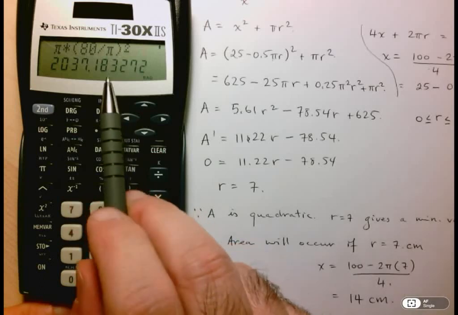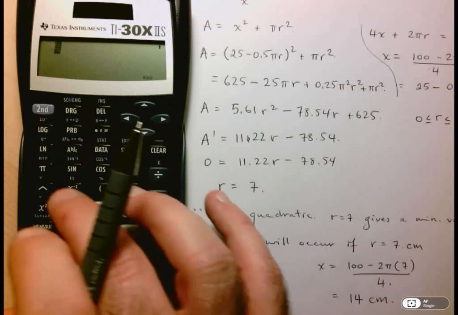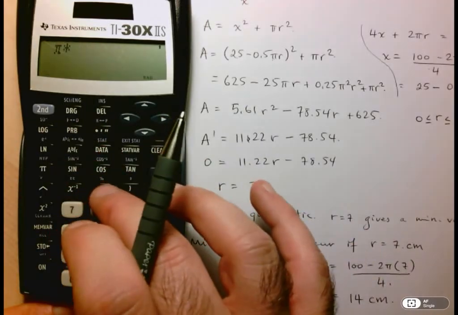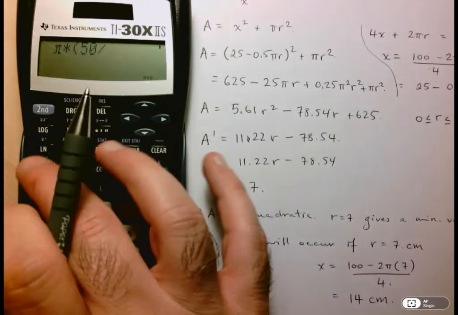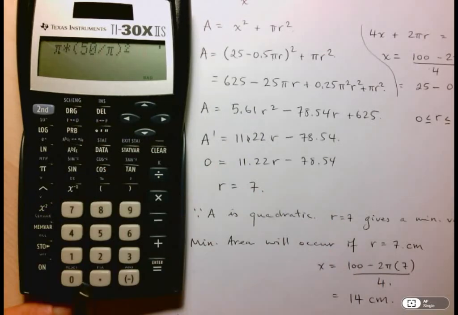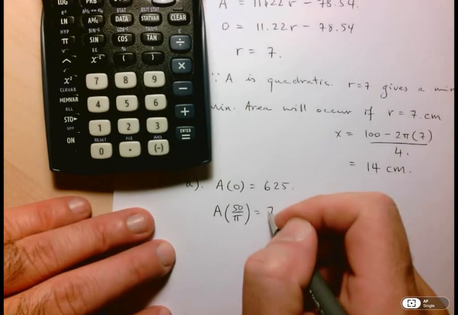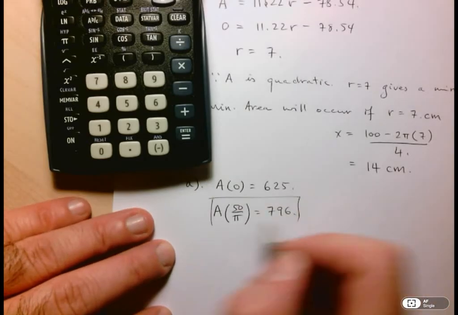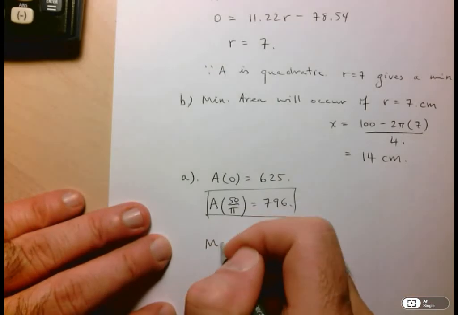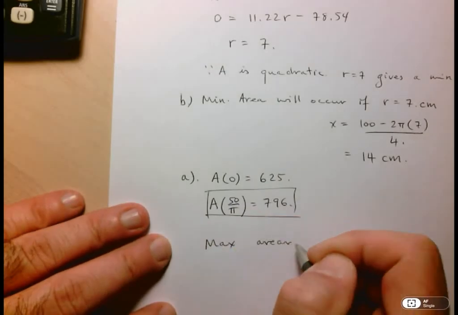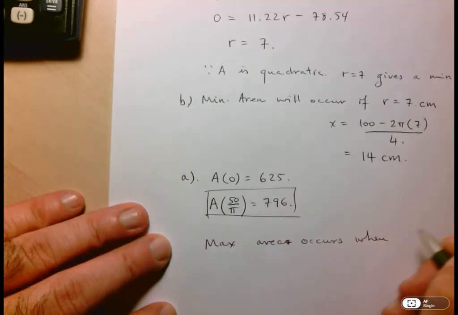Oh, I just realized I put 80 instead of 50, so let me try that again. Pi times 50 divided by pi, squared, is about 796. So this is the bigger of the two, which means the maximum area occurs when only a circle is formed.